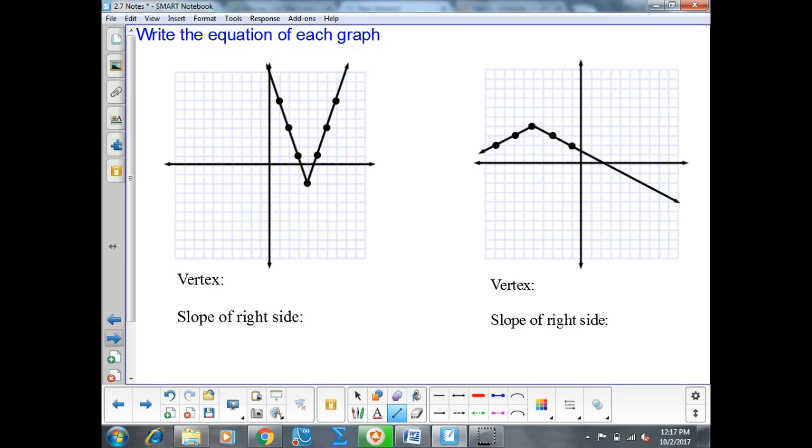Now, going backwards, I can give you the graph, and you can give me the equation. So here's the graph. The first thing that you're going to want to find is the vertex, because that's your H and that's your K. So my vertex here is at 1, 2, 3, 4, comma negative 2.